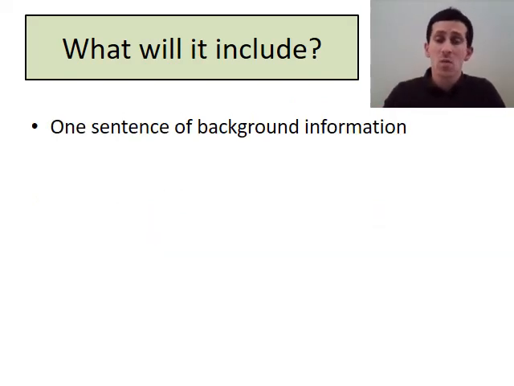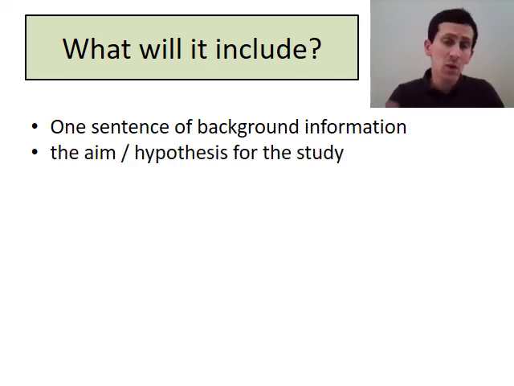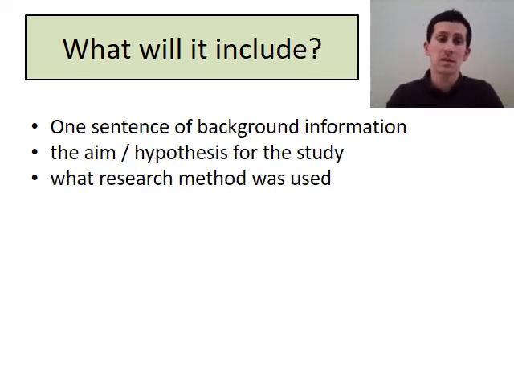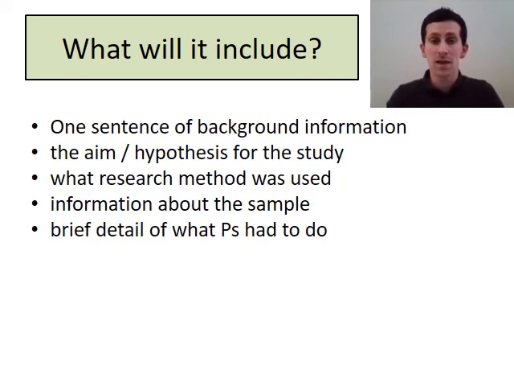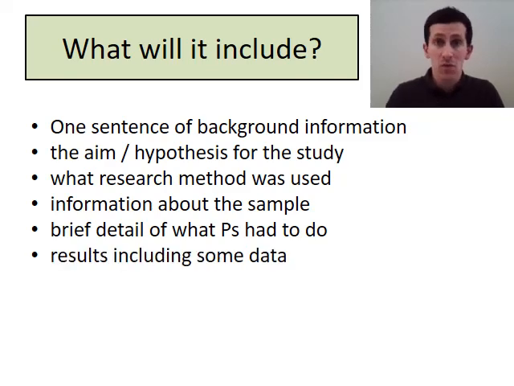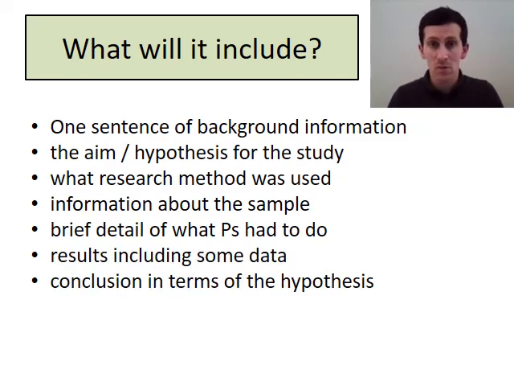So it'll give you one sentence on any information on background. It'll give you the aim and the hypothesis, what research method was used. They'll give you some information on the sample, who was involved in the actual study. They'll give you a brief detail of the conditions and what the participants actually had to do. They'll give you some results and some data as well.